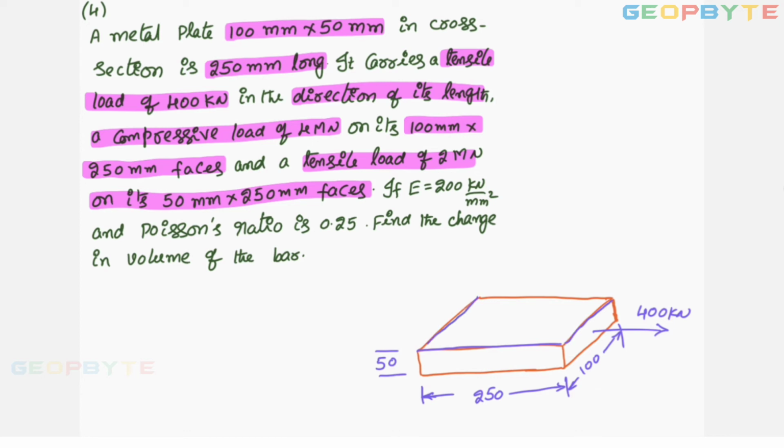On that particular face the compressive load is acting like this. 4 meganewtons means 4000 kilonewtons.